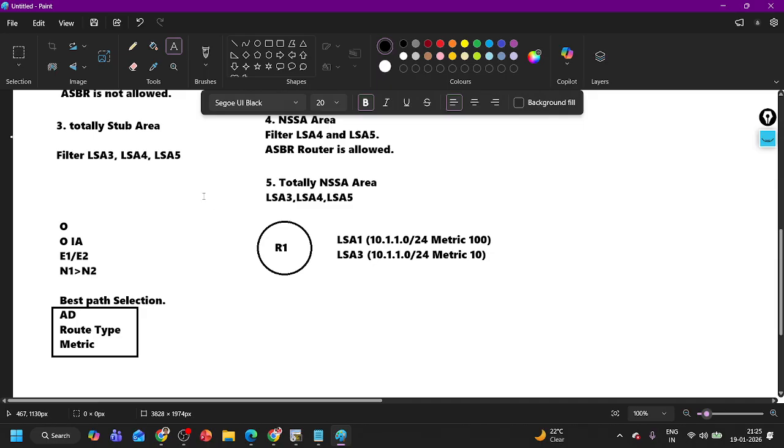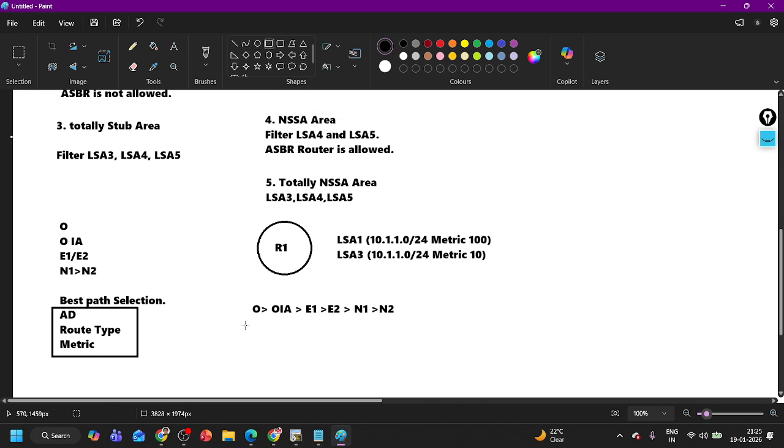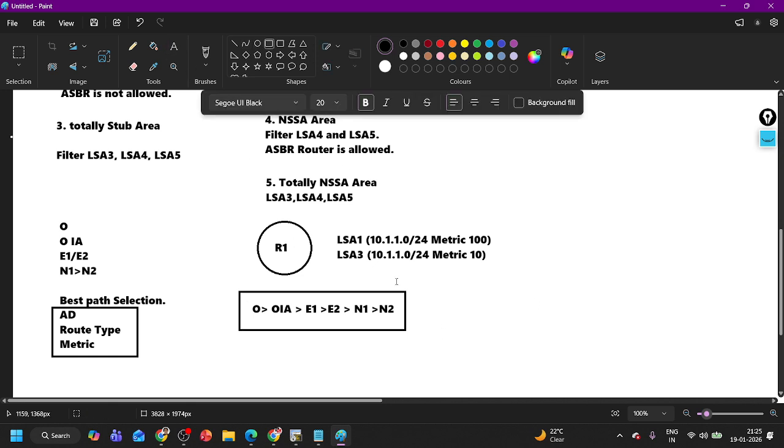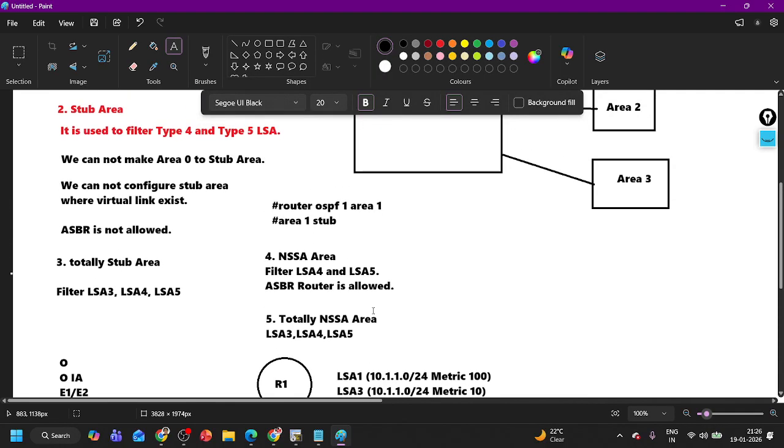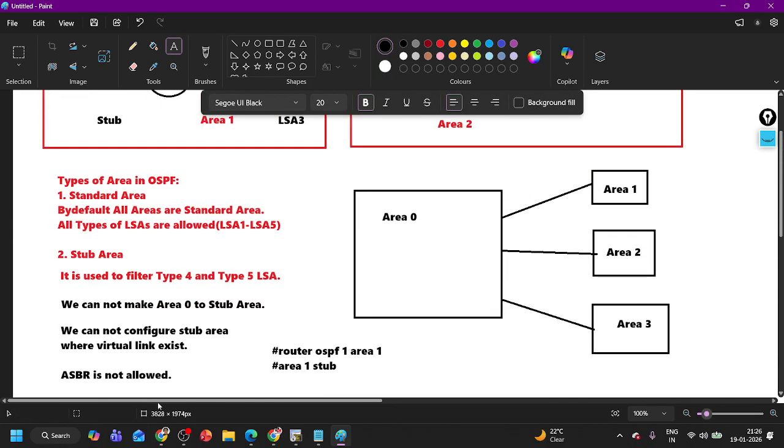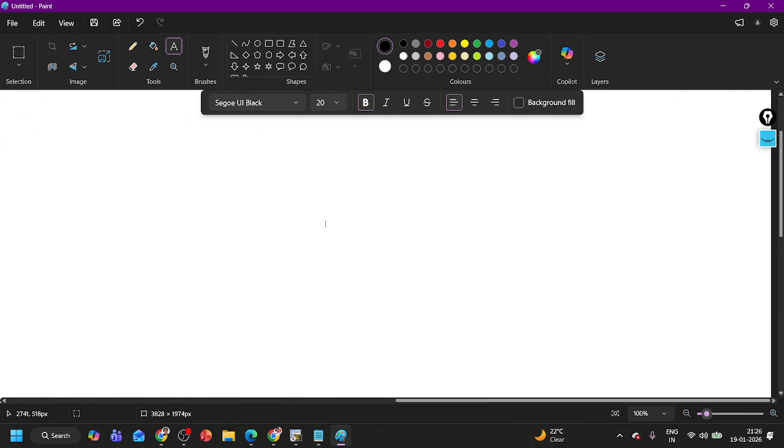This is the best path selection of OSPF before metric. If the route type is the same, then OSPF is going to check the metric. This is one thing you need to keep in mind, remember.